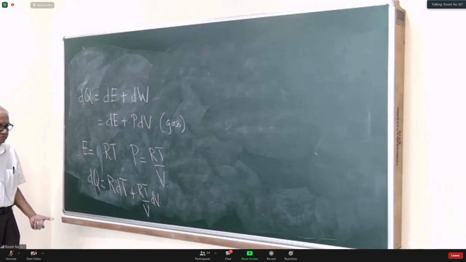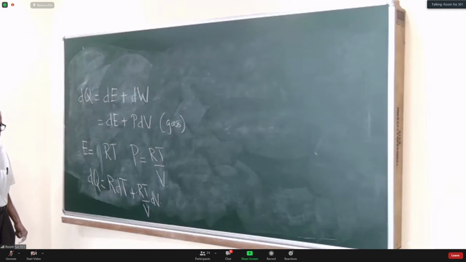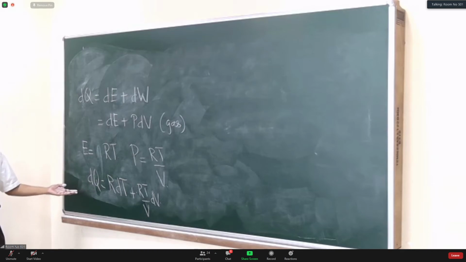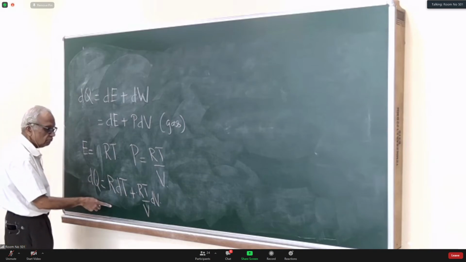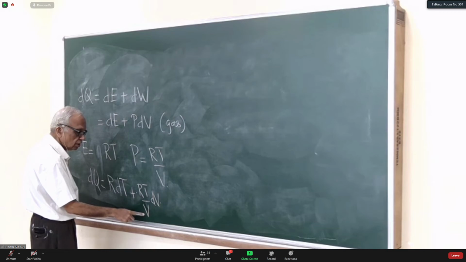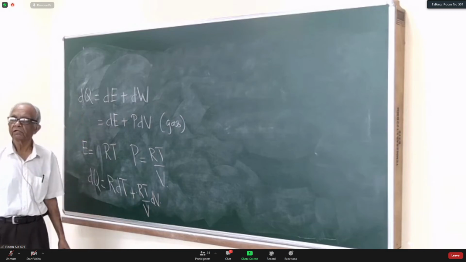So you have, in terms of the differentials dT and dV, something which is given to you. But can you give me a q? No, you can't. Because if you take a derivative with respect to V over here, you get 0. If you take a derivative with respect to T over here, you have something which is non-zero.